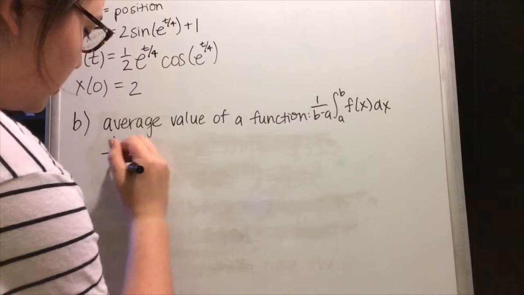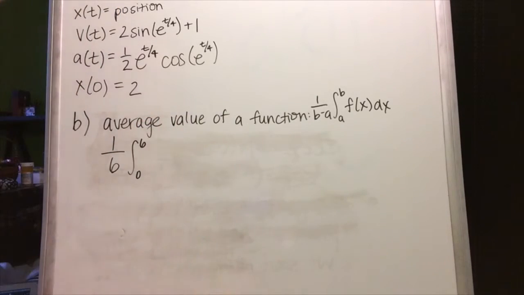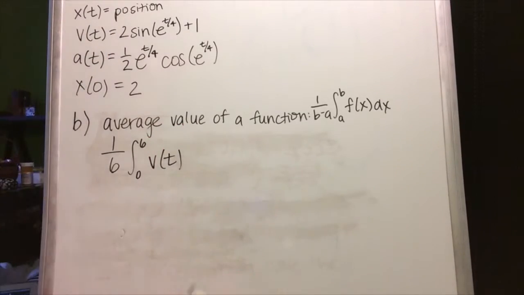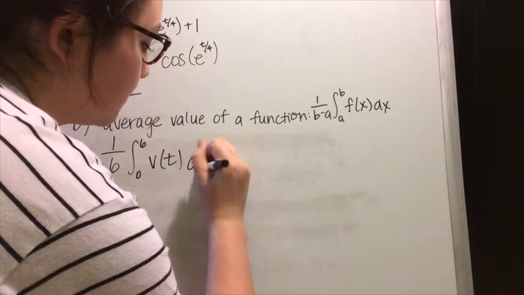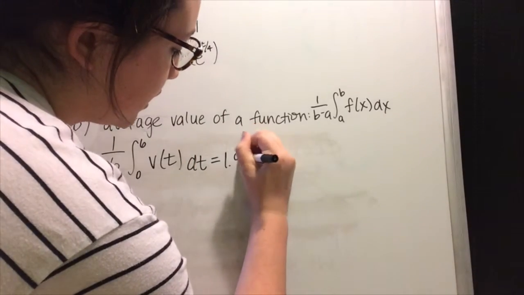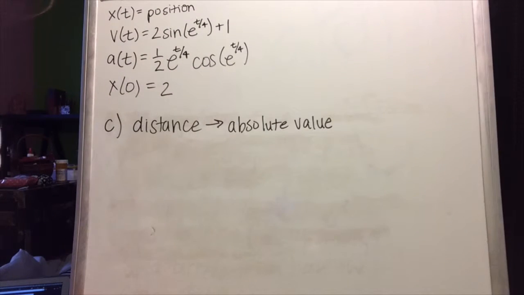So it's just 1 over 6 times the integral 0 to 6 of v of t dt. You get 1.949, and that's truncated.